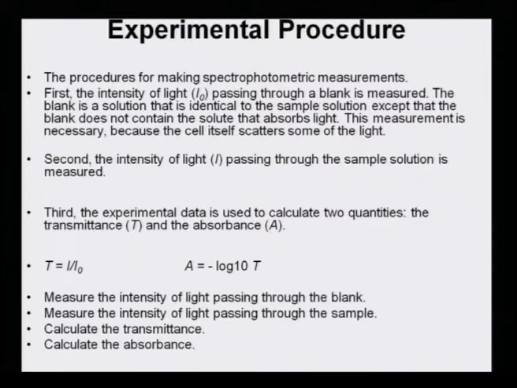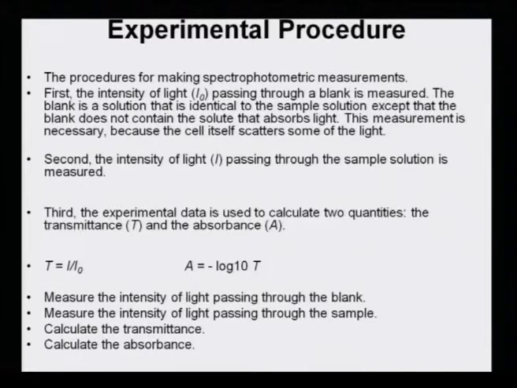Transmittance is equal to L by L0, where L is the intensity of light after passing through the sample and L0 is the intensity of light passing through the blank, or it can be expressed in terms of absorbance, which is equal to minus log 10 T. Measure the intensity through the blank, measure the intensity through the sample, calculate the transmittance and calculate the absorbance. So, the equations are very simple, and the activity of this machine is also very simple.